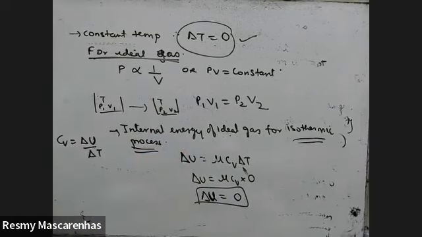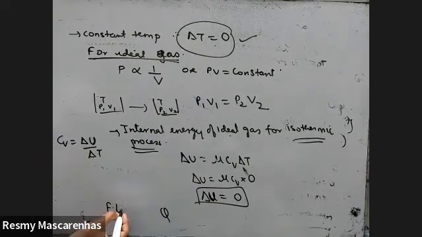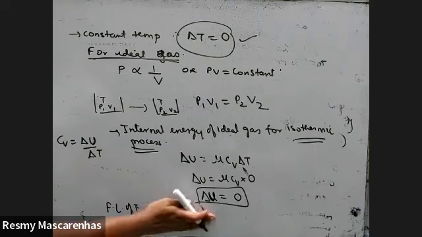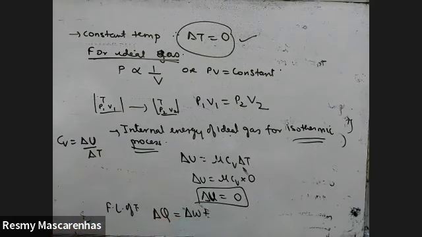So if internal energy is 0, what will be the heat supply? From the first law of thermodynamics, delta Q is nothing but the work done, if delta U is 0. The heat supplied is directly used as work done.